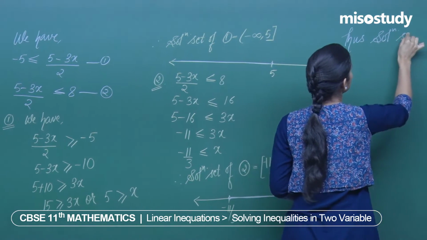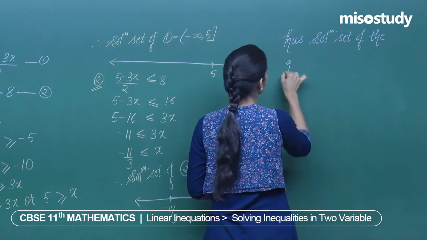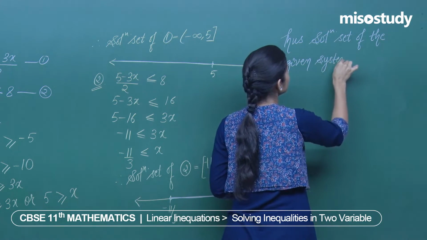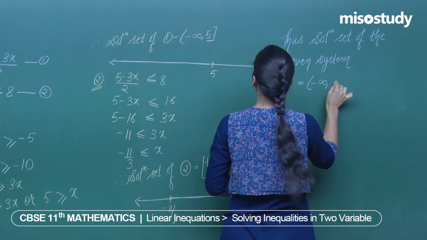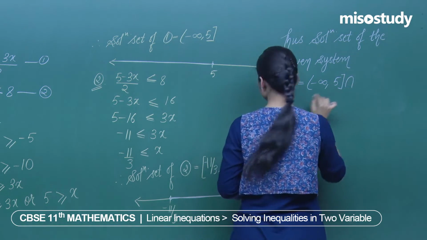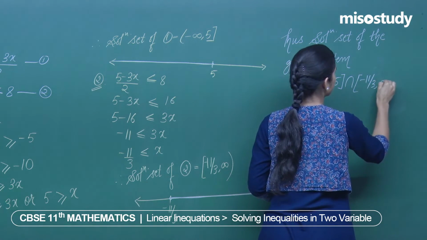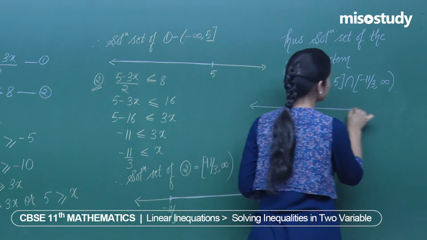Thus, the solution set of the given system is equal to (minus infinity, 5] intersection this solution set. How do you actually understand this?